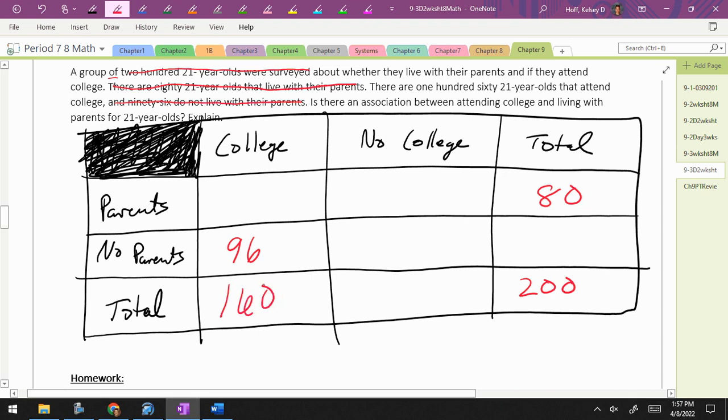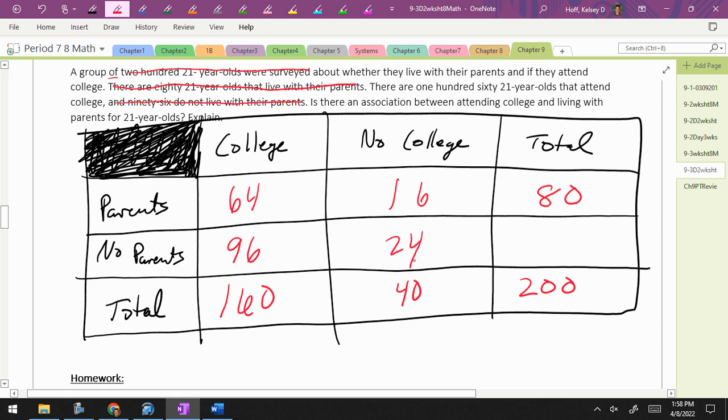Okay, so let's fill in the rest of our blanks. 200 minus 160 is 40. 160 minus 96 is 64. 80 minus 64 is 16. 40 minus 16 is 24.